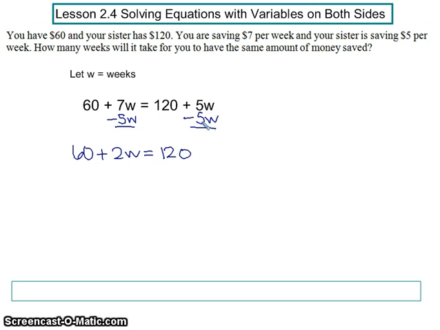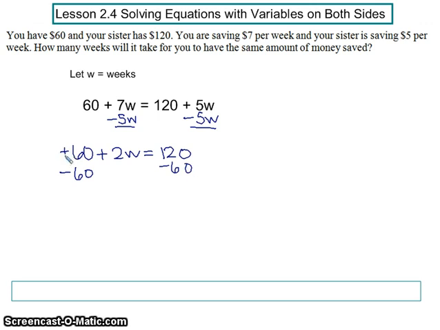Notice that 5W minus 5W is 0. I'm not going to write that down, but that allows us to have 120 alone. So think about when this equation was constructed. 2 times W happened first, and then 60 was added. So the first thing we want to do is subtract 60 from both sides.